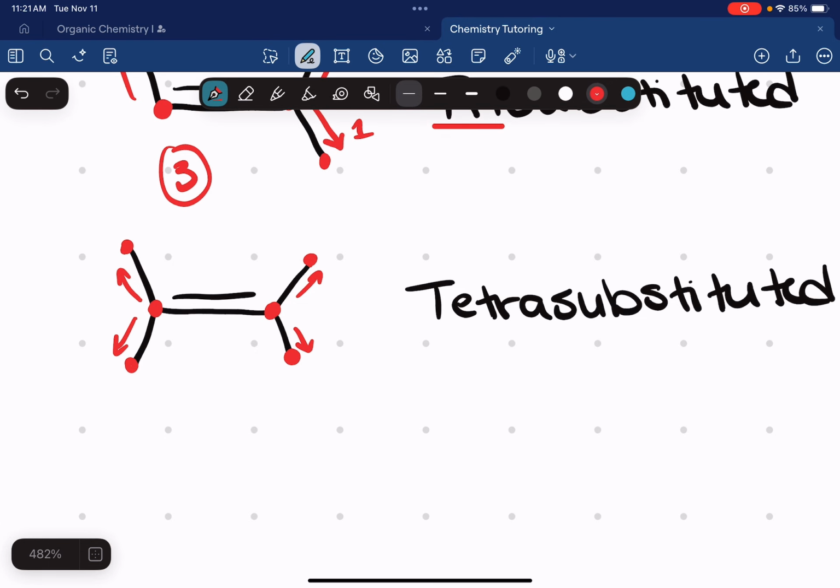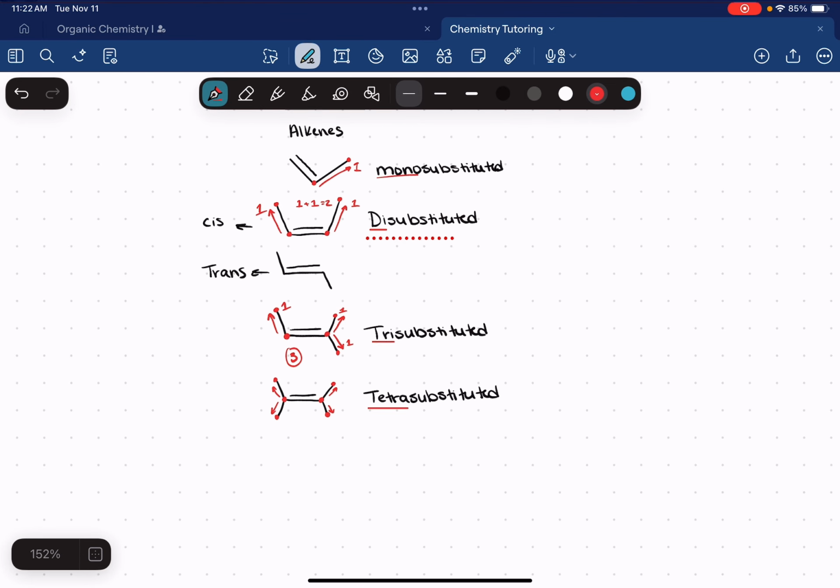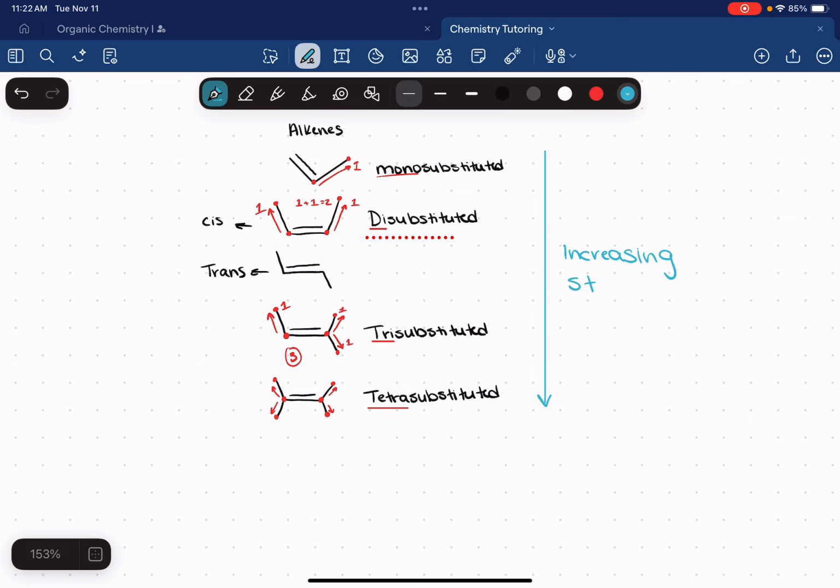Right? That's where the tetra is from. And so when we look at these, it is increasing in stability this way. All right.